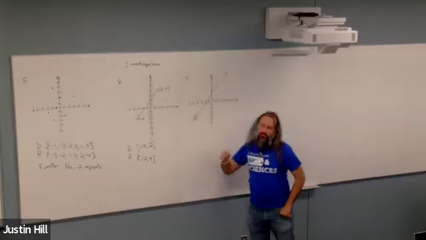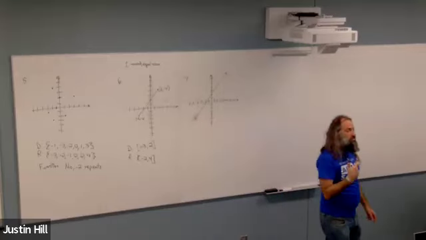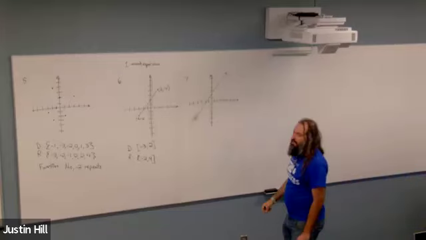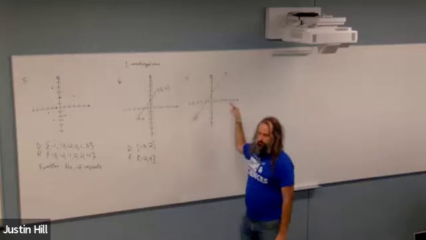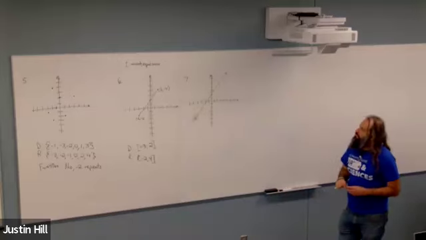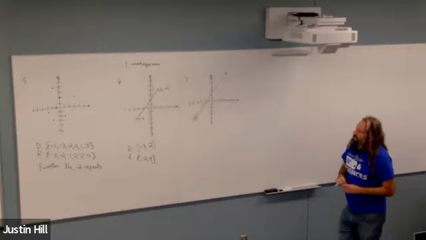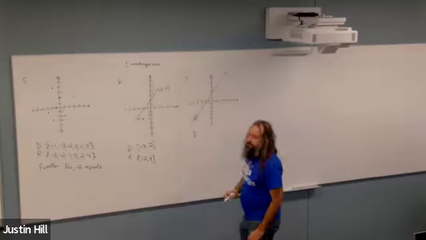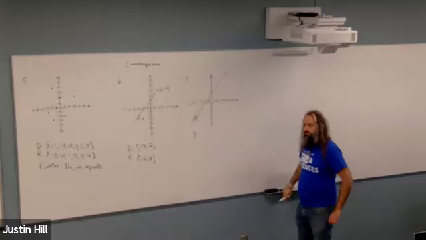I put these arrows on the end of my line, and those arrows are an abbreviation, like having a dot, dot, dot when you're writing. Now I want to try to describe the domain.